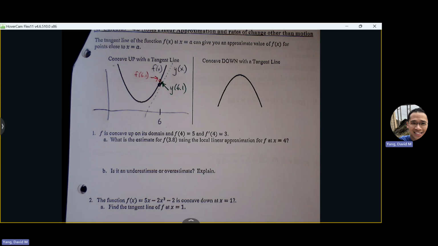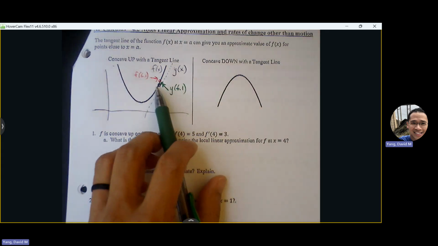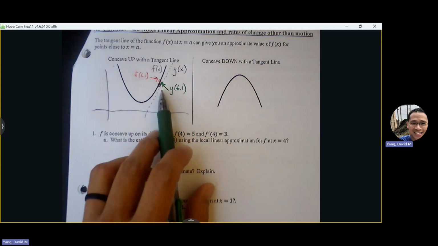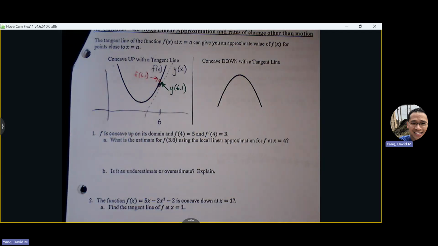So if it's 6.1, 6.2, or 5.8, 5.7, we know that it won't be the same value, but it should be pretty close to each other. Now, what if I use f of 10 versus y of 10? Will they be close to each other? Probably not, right? So the big idea is that if we're close to the point of tangency, our approximation should be decent.